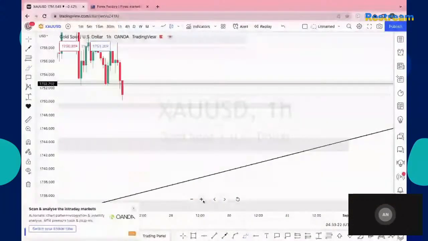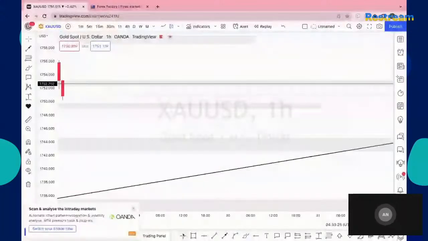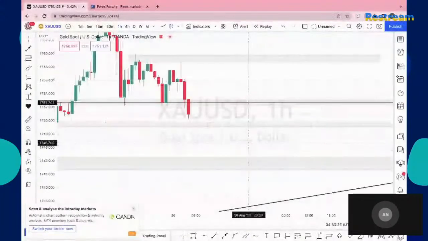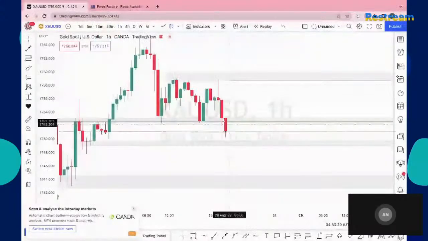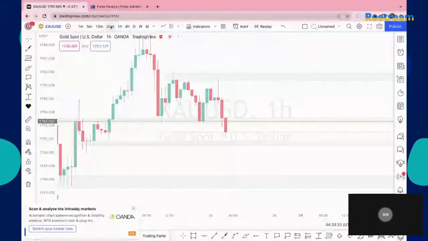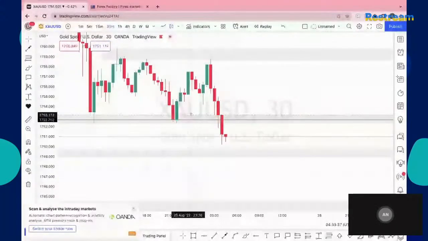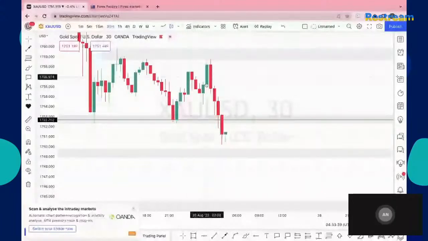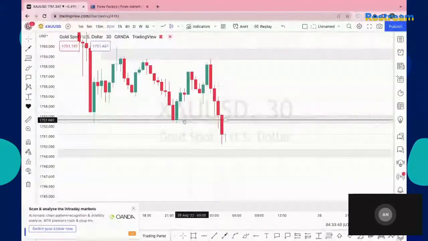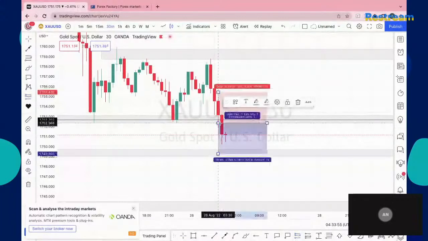Yeah, it created a weak fill. So your entries were going to be, let's take it down 30. You see this pattern here, push down, weak fill. So if you knew this was a descending triangle, you would have had to put your sell stop over there.